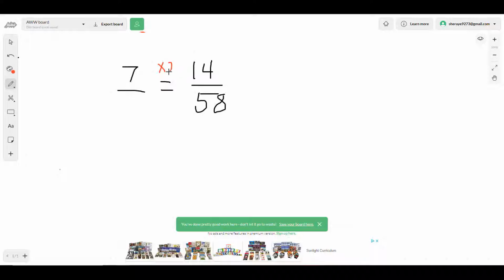Remember, whatever you do on the top, you got to do on the bottom because remember, it has to be the same, okay? But there's nothing here to multiply by 2. But we have the answer, so we're going to take 58 and divide by 2. That would undo this and tell us what that is. So you would do the division, and that's the number that would go here. That would be the missing number.